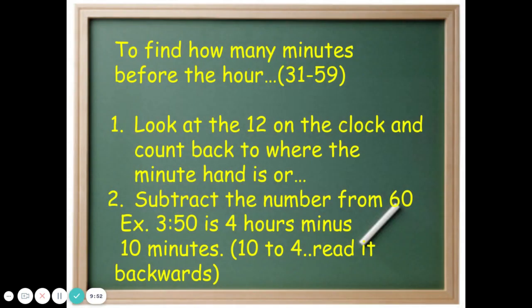Sorry, I went back too fast here. So how to find the minutes? You could look at the 12-hour clock and count and go 5, 10, 15, or count backwards starting at the 12 and counting backwards till you get to your hand. Or you can subtract them from 60. So you have 4 hours, 4 o'clock minus 10 minutes.